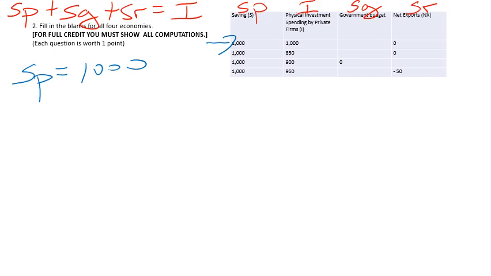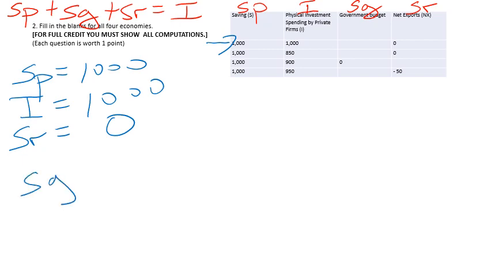We have physical investments, I, of 1,000. We have net exports of 0. So the implication is that SR is equal to 0. So the question is, what is SG? Well, SG is 0.